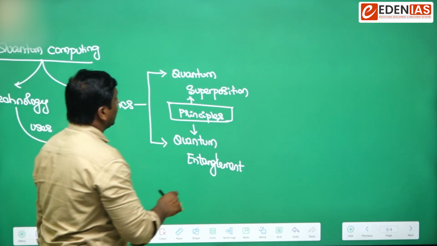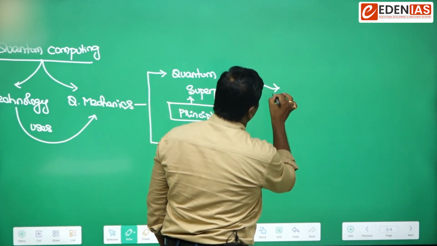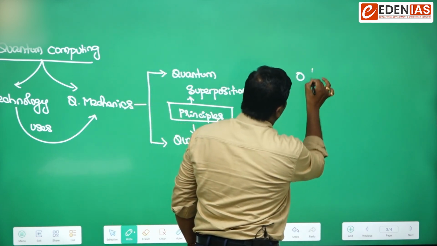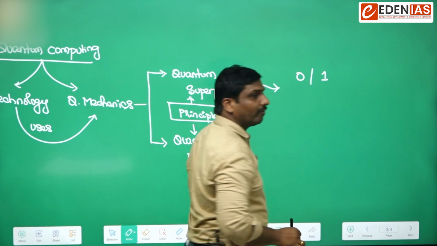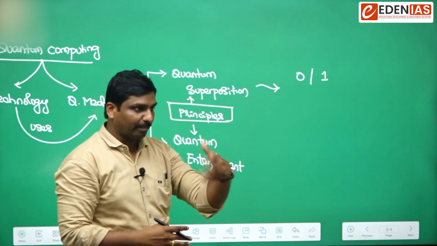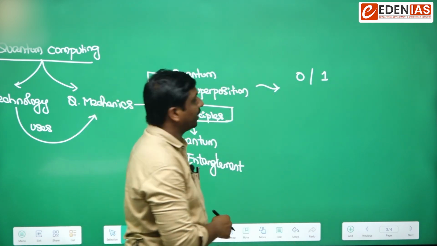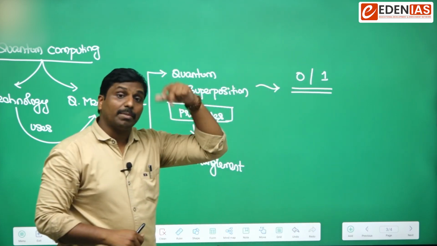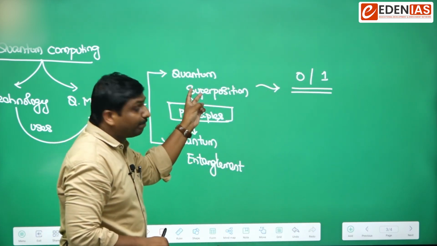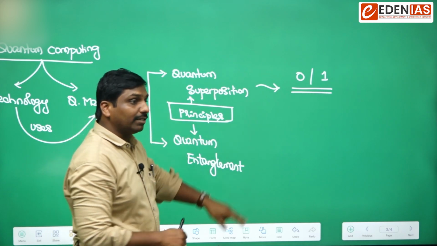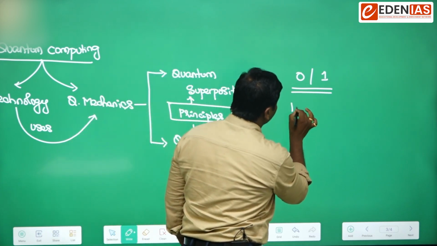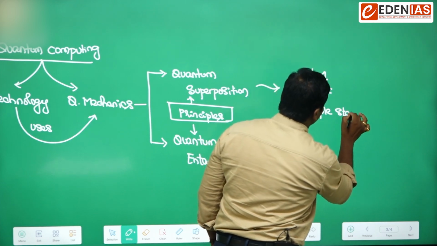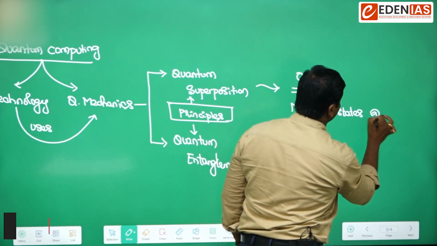Generally particles will exist either as 0 or as 1 from a digital or binary expression point of view. But at the subatomic particle level, particles will exist in multiple states at a time.